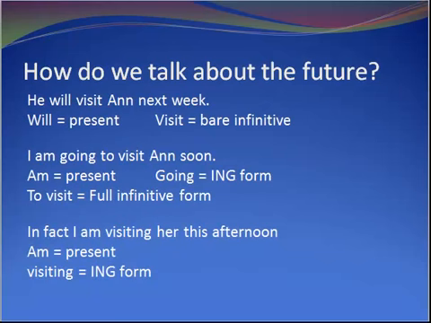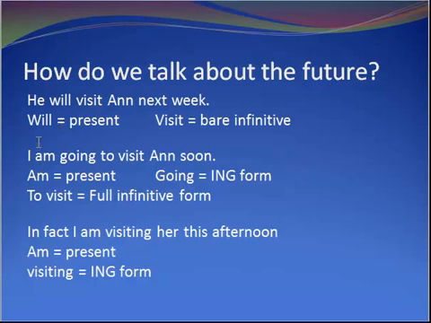Now, one thing we haven't talked about yet is how do we talk about the future? And in the previous video lecture I said, well, there is no future tense in English, and what I meant by that is there is no particular verb form that expresses the future. When we want to talk about the future in English, we actually have to use particular constructions with particular verbs.